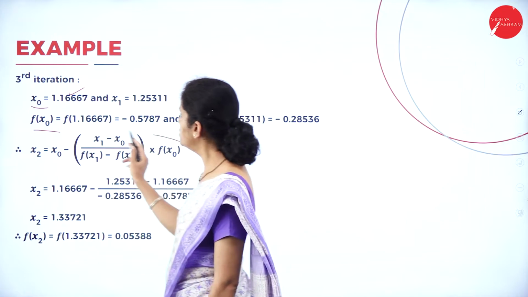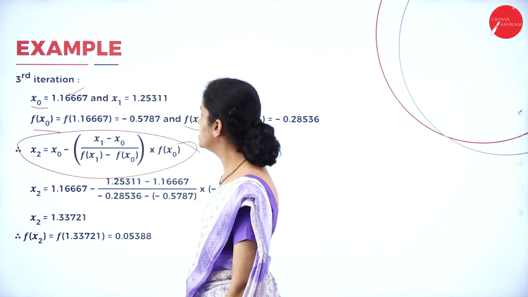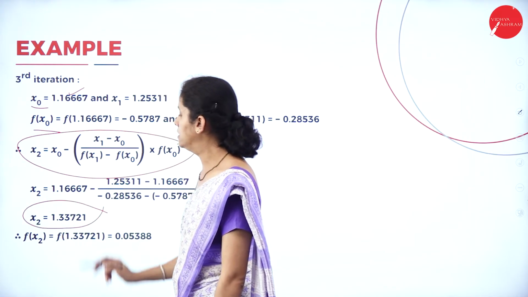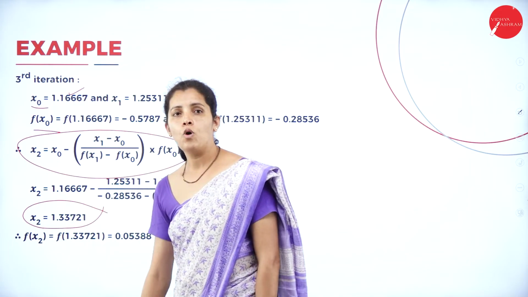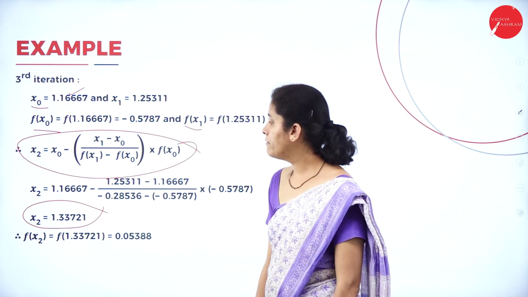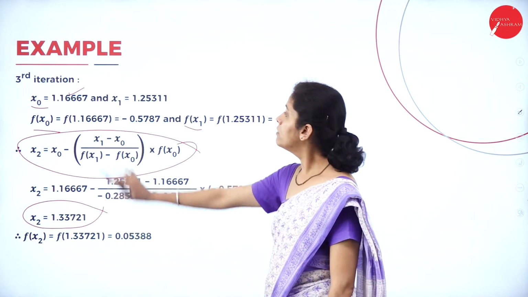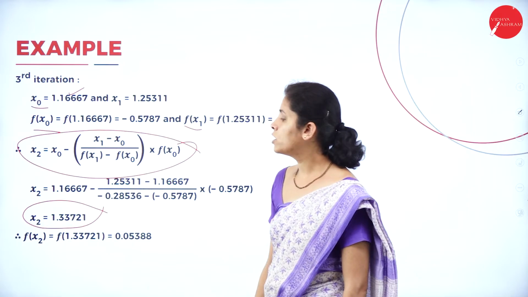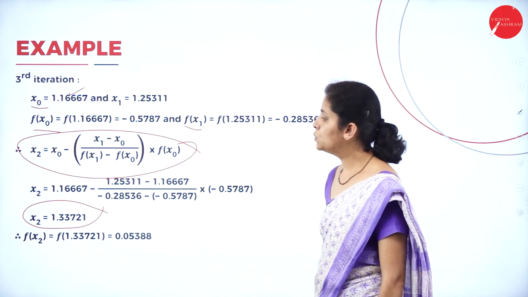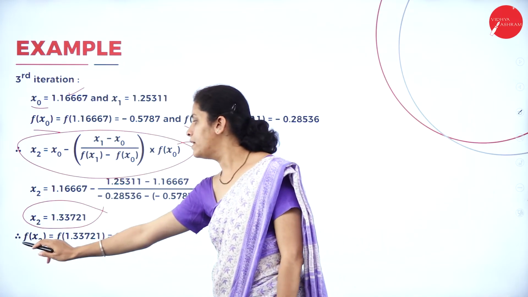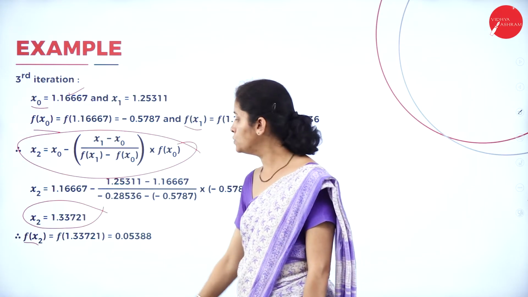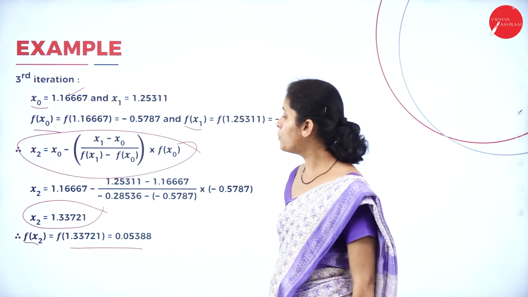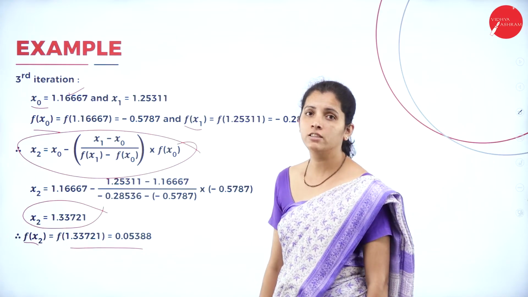And when I substitute this in this equation, I'm going to get the value 1.33721. So when I substitute this value in this formula, I'm going to get the answer 1.33721. Now if I find the f of x2, I'm going to get the answer 0.05383.